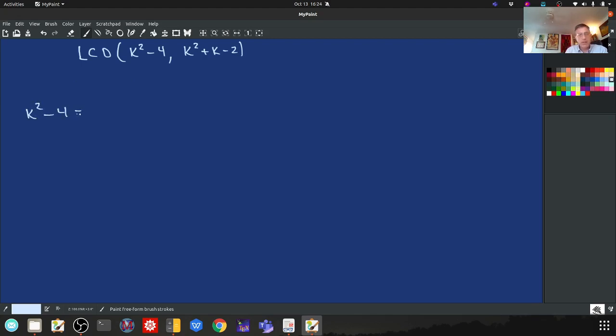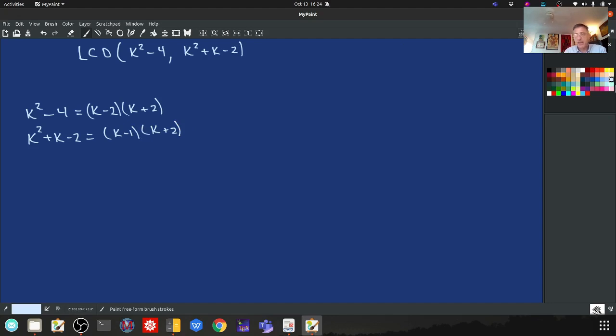I'm hoping you realize 4 is 2 squared, so that's k minus 2 times k plus 2. And k squared plus k minus 2, see if you can do that factorization in your head, is equal to k minus 1, k plus 2.